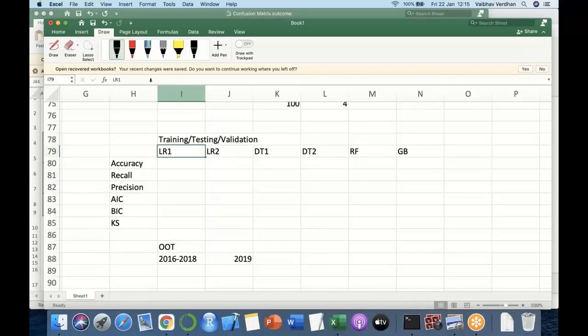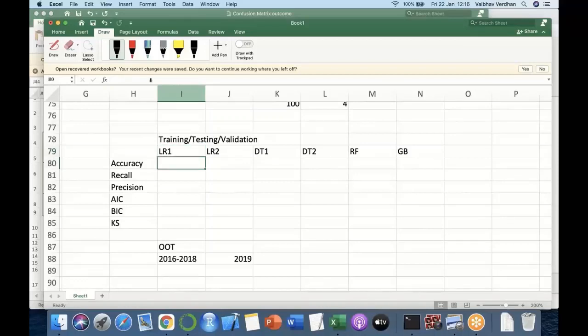If the algorithm is able to generalize well, if it is intelligent enough to work on any observations, it will work very well on unseen data sets. And that is my objective, right? That I will use historical data to train my algorithm, to make it capable enough so that it can work on unseen new observations. So that is how you would choose your best algorithm.